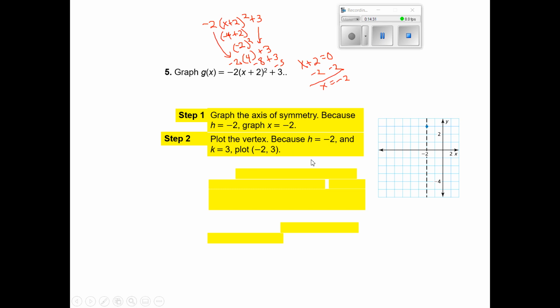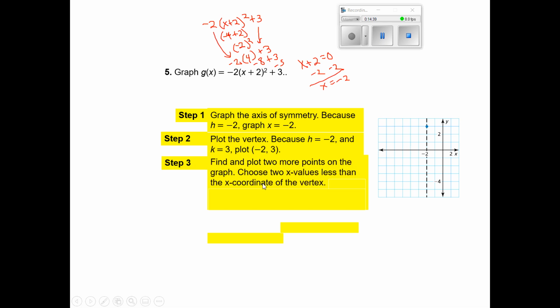Now, I'm going to go ahead and solve this. I see that I'm 2 away from here, so I can be 2 away here to negative 4. I'm going to plot 2 more. I'm going to go with negative 4 for my first one. So when x is negative 4, I'm just going to work that out really quick for you. Remember, I'm solving this problem having negative 2 times (x plus 2) squared plus 3, and we're saying x is going to be negative 4 now.